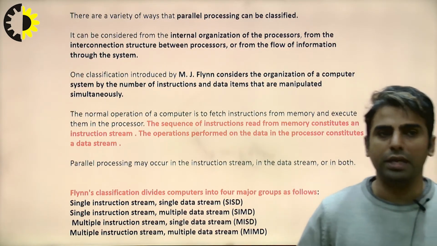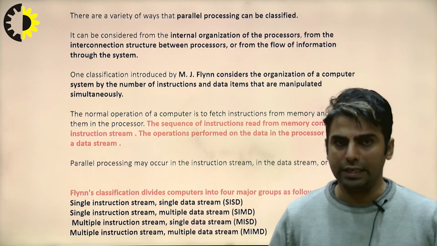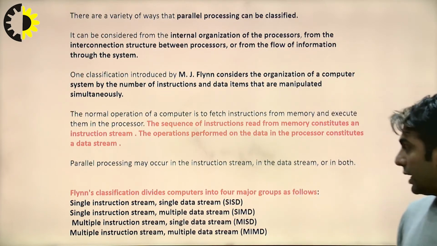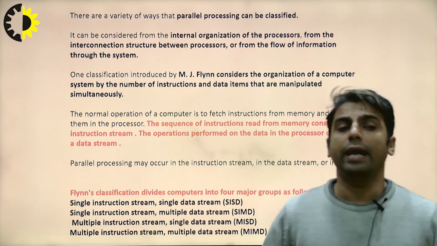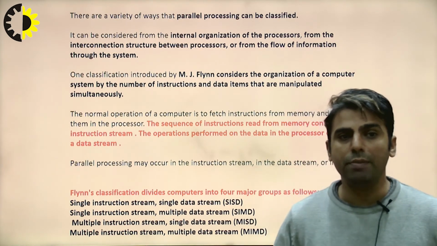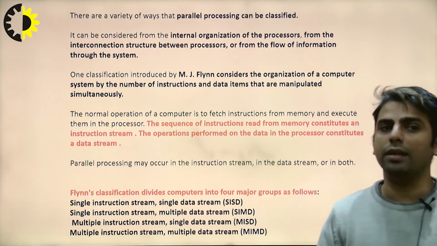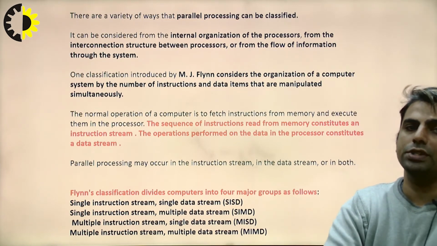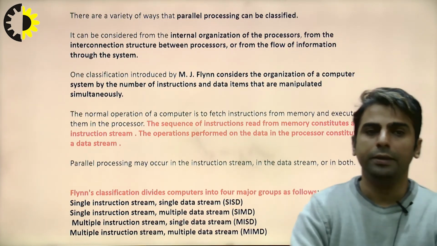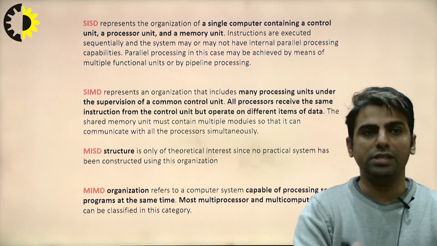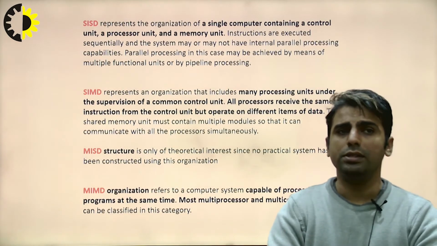So first one is your single instruction stream, single data stream. Second is your single instruction stream and multiple data streams. And third is multiple instruction streams and single data stream. And the last one is multiple instruction streams and multiple data streams, right? So let's come to the first part, that is single instruction, single data stream.